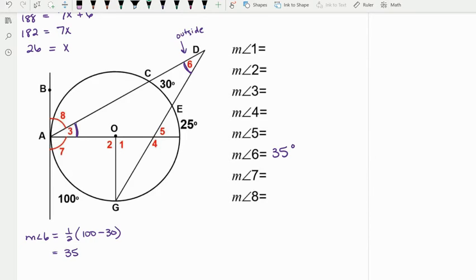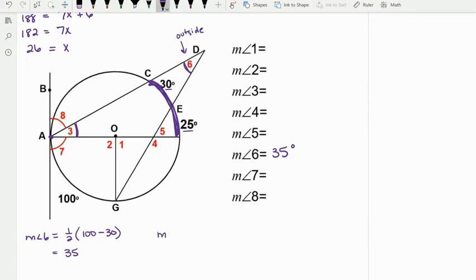With angle 3, that's an inscribed angle because our vertex is on the circle, and its intercepted arc would be this whole thing, right? Now with an inscribed angle, I just do half of the intercepted arc. Well, that intercepted arc would be 30 plus the 25, which is 55.